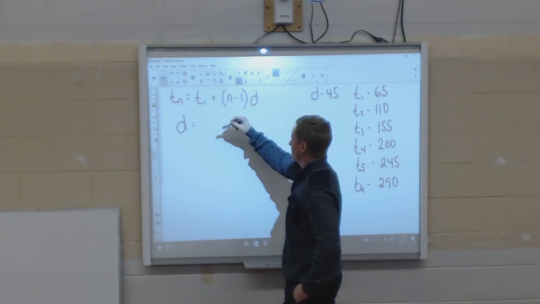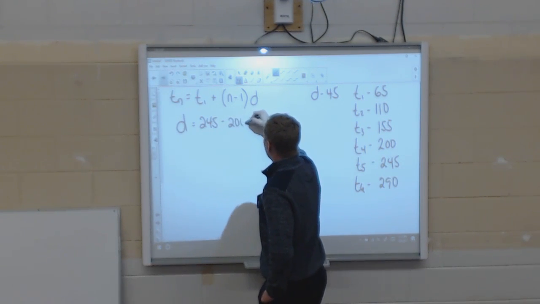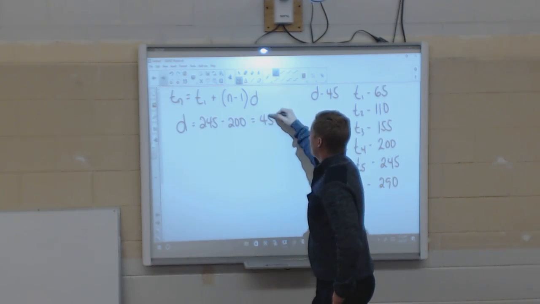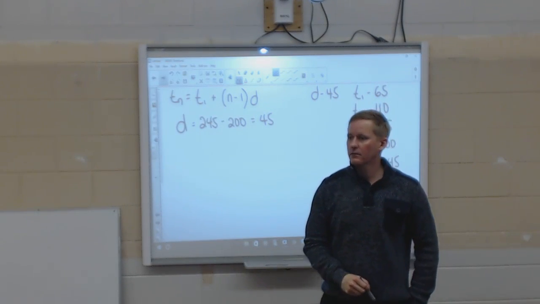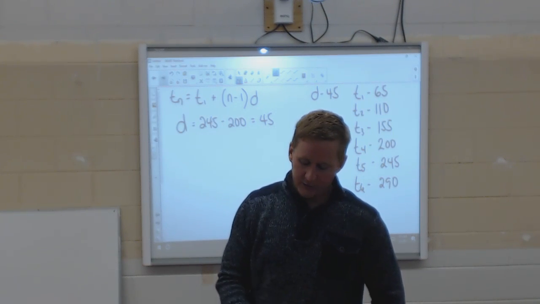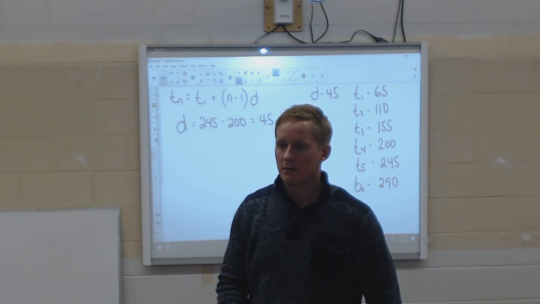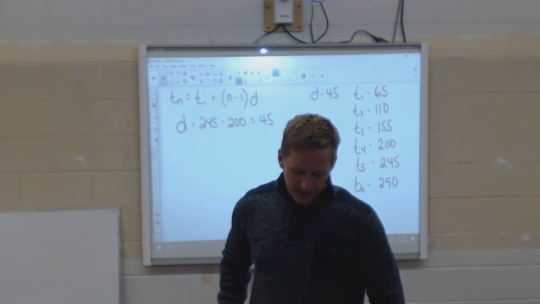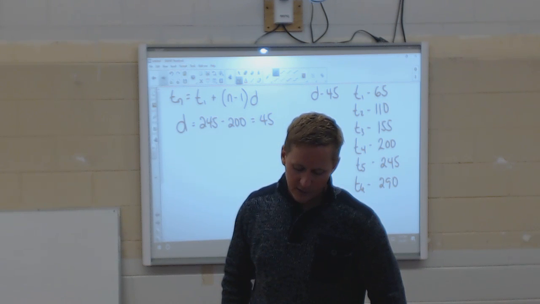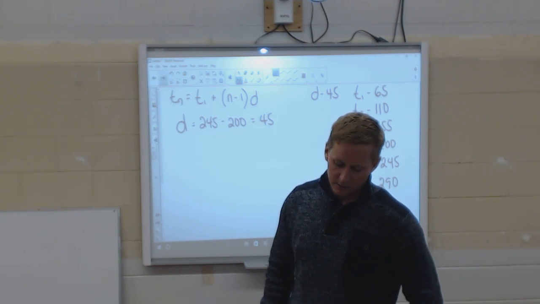So for example, I'll take term 5, which is 245, minus term 4, which is 200, equals 45. Okay, so it's not that tough. As I go through in this book, you should fill it in as you go along. So d is equal to T2 minus T1, which is equal to 110 minus 65, which is equal to 45.